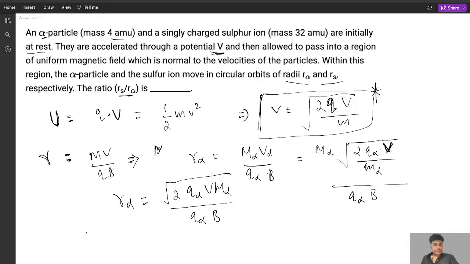And similarly for r s, it is root of 2 q of sulfur ion into voltage into mass of sulfur ion upon q of sulfur ion into b, right? Do you understand this?